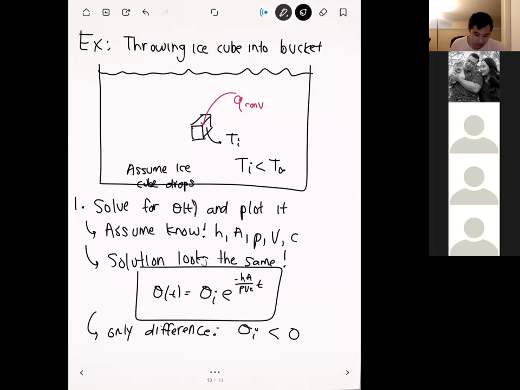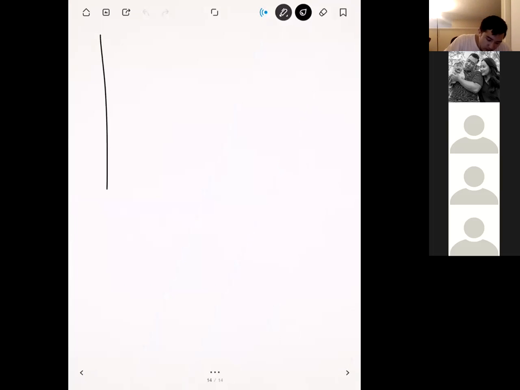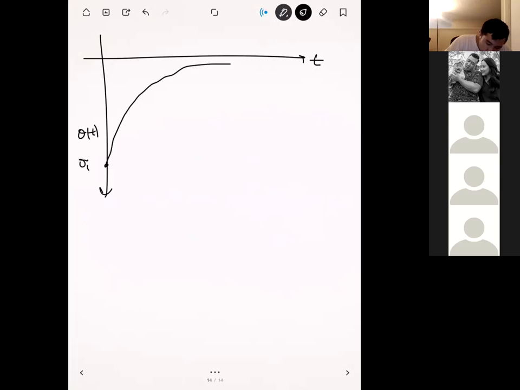Graphically it looks something like this. Just like before, we start at theta_i and then decay towards 0. This is theta of t equals theta_i e to the minus hA over rho V c times t, where theta_i is less than 0.